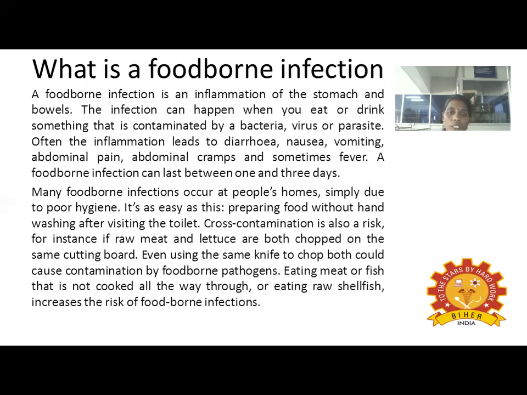Many foodborne infections occur at people's homes, simply due to poor hygiene. It is as easy as this: preparing food without hand washing after visiting the toilet. Cross contamination is also a risk. Even using the same knife to chop different foods can cause contamination by foodborne pathogens.